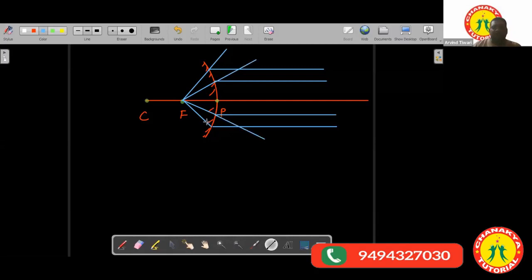And I'll be checking all your ray diagrams for this. Now, since the light rays cannot cross the mirror, we will draw them with the dotted part. Inside the mirror, we will draw them dotted.